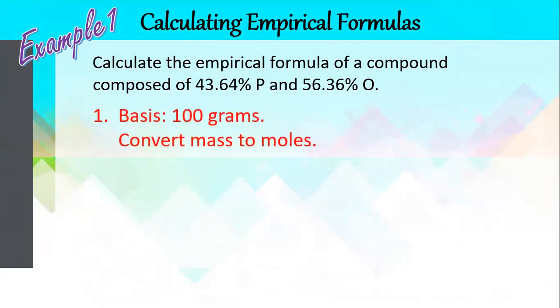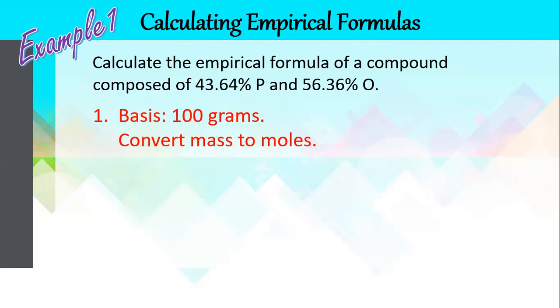All right. I could have assumed 1000 grams or 5 grams, but 100 grams will make the math easy because our whole goal is to say, well, what's the ratio between the number of moles we have of phosphorus and the number of moles we have of oxygen. And that will inform the likely empirical formula.